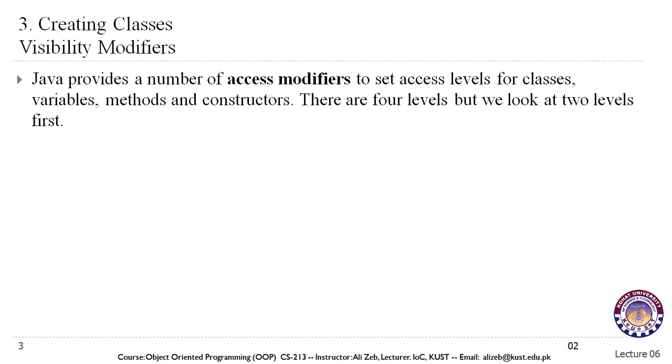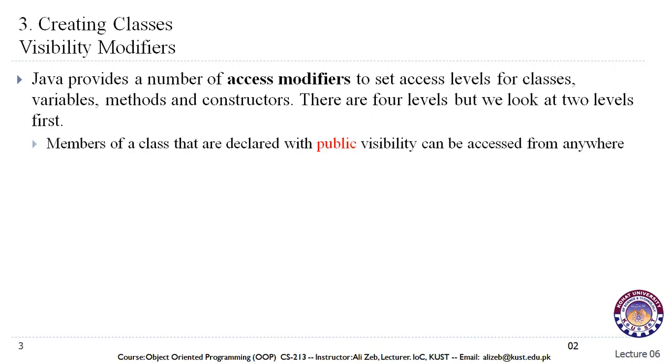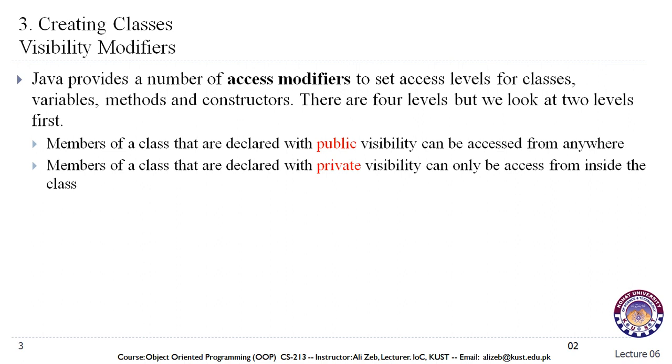Java provides a number of access modifiers to set access levels for classes, variables, methods, and constructors. There are 4 levels, but we'll look at 2 at first. Members of a class that are declared with public visibility can be accessed from anywhere, and members of a class that are declared with private visibility can only be accessed from inside the class.